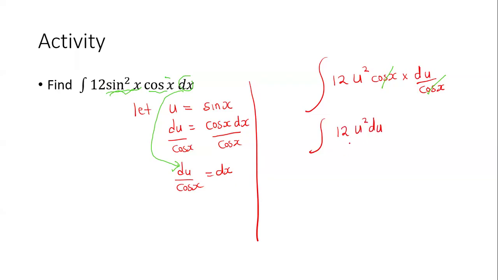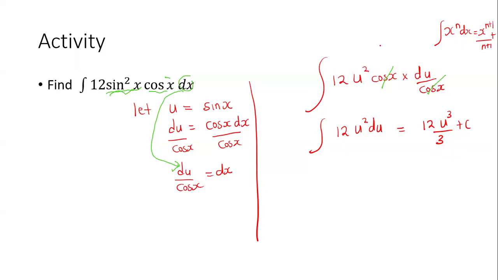Now the moment you reach here, you need to remember how we integrate. This is to help people who have not. When I have an integral of this, we increase the power by 1, then divide by the new power, and add our constant. So here we shall have 12 u to the power 3 over 3 plus the constant.